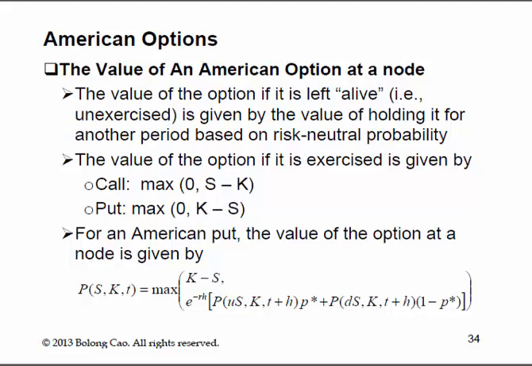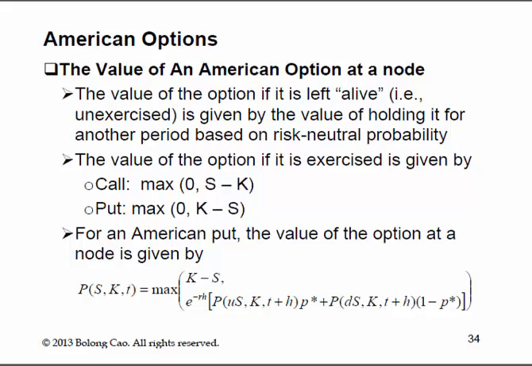Now let's think about how we can use the binomial formula to price American options. The whole theory doesn't change. The only thing we need to consider is the value, or say the payoff, of the American option at different nodes. So what we have to consider is the option's value if it's left alive, not being exercised.